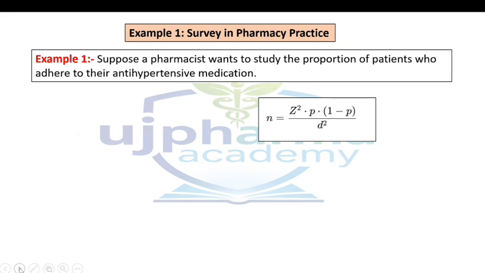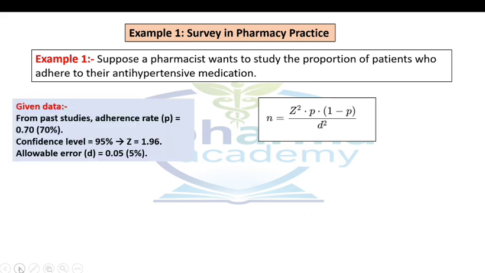Example 1: suppose a pharmacist wants to study the proportion of patients who adhere to their antihypertensive medications. In that, the given data from past studies is adherence rate P equal to 0.7, which is 70%, confidence level 95%, Z equal to 1.96, and allowable error D equal to 0.05, that is 5%.